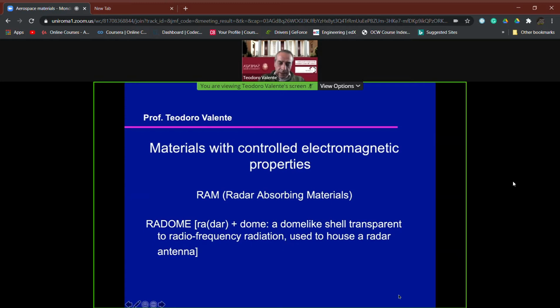And so we can enter the field of the so-called RAM, radar absorbing materials, and radome materials.